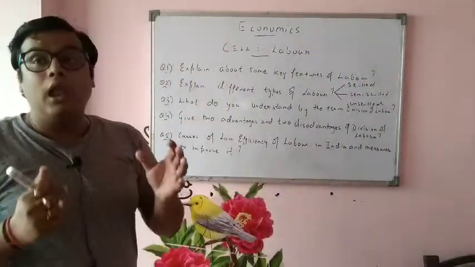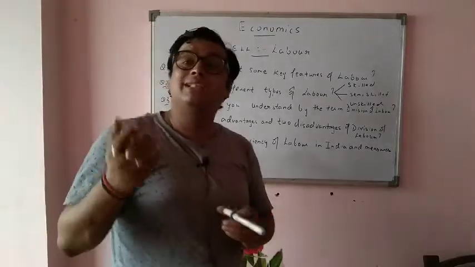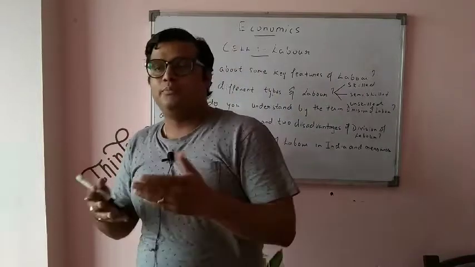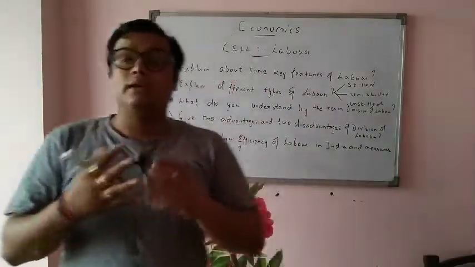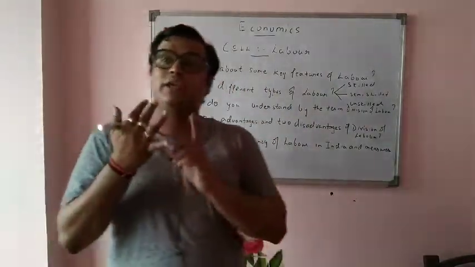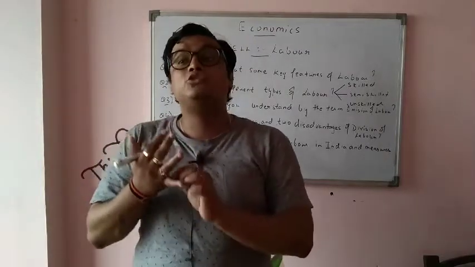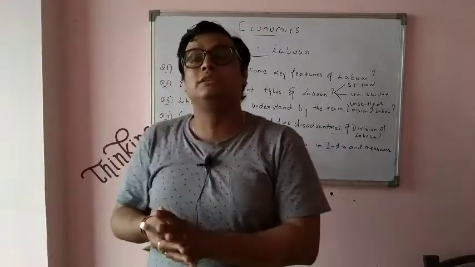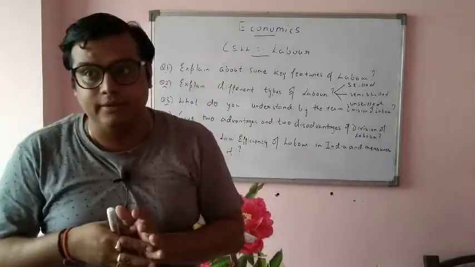So next important thing, how can this be improved? Just the opposite, what can be done? First, formal training should be increased, education quality must be increased. There should be formal training, and the education system in India should be job oriented.